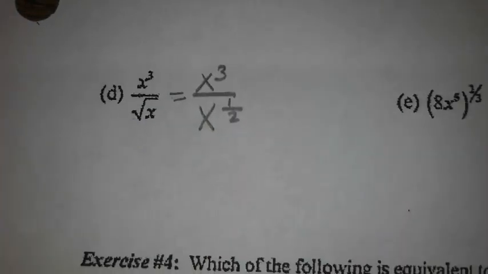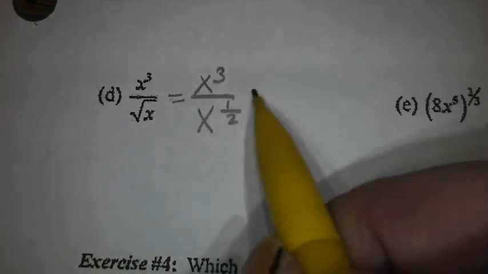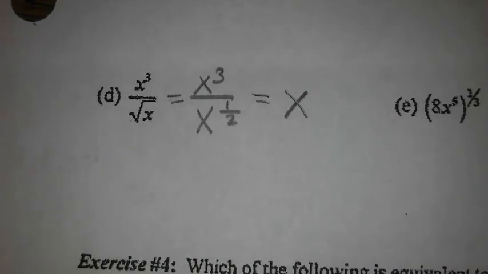Now what is my exponent rule when I'm dividing common bases? What am I supposed to do? Subtract. So this is just going to be x to the, what's 3 minus 1/2. I know 2.5 is the obvious answer, right? But we're not going to have a mixed fraction in our exponent. Make it an improper fraction.